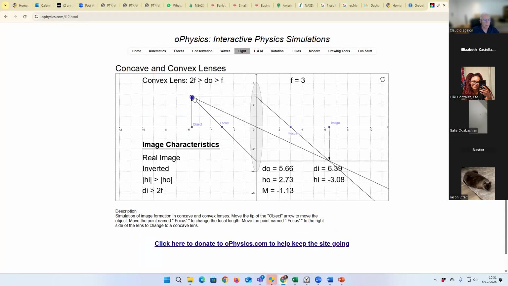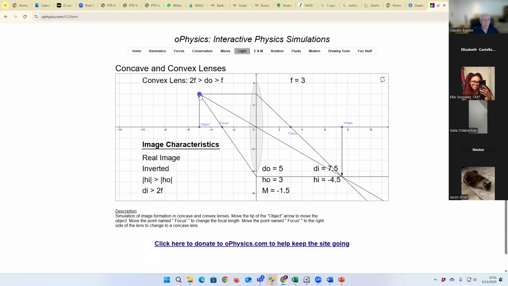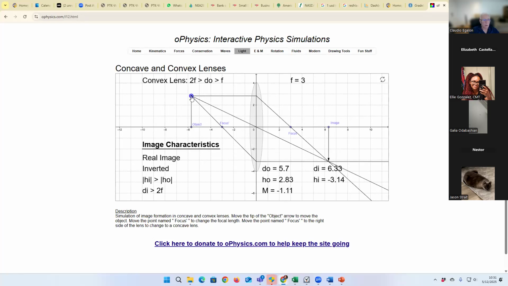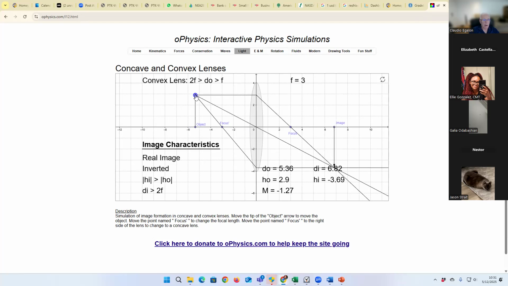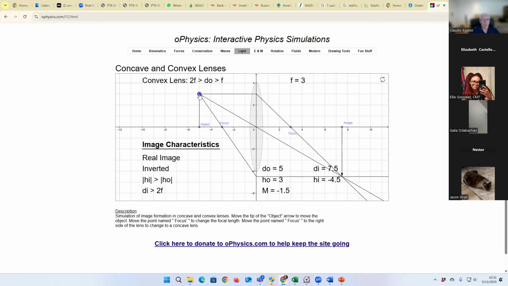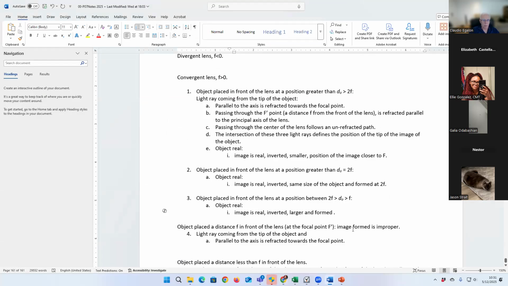Larger. And formed at a distance greater than 2F. Like that.